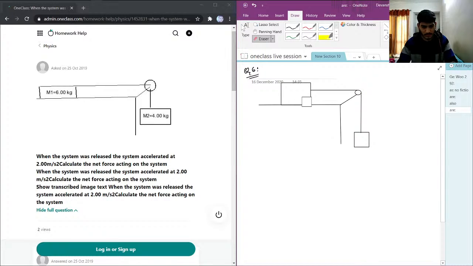Now I'll write the mass 6 kg. This is 4 kg, and this whole system is accelerated at 2 meters per second squared. For this, we do not have any friction coefficient, so we'll assume this as frictionless.